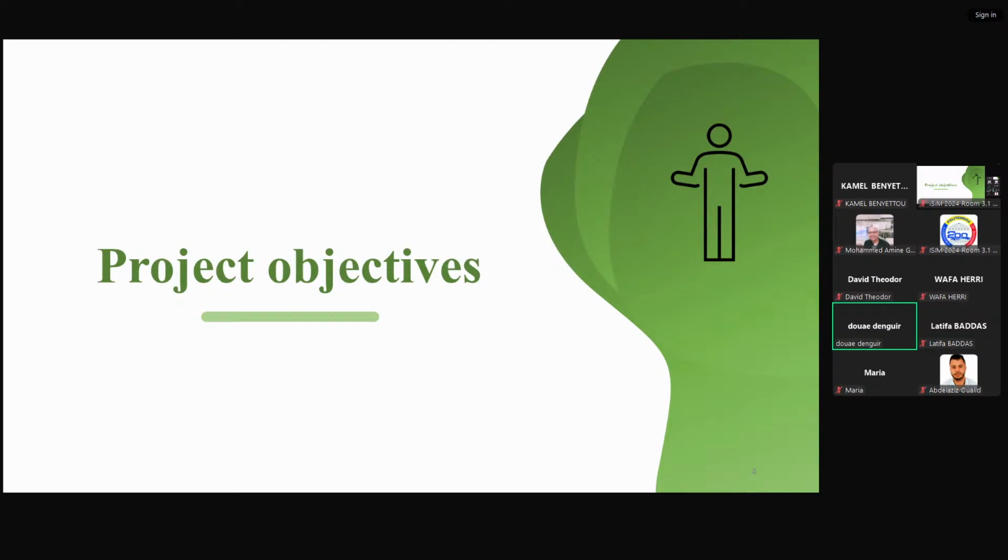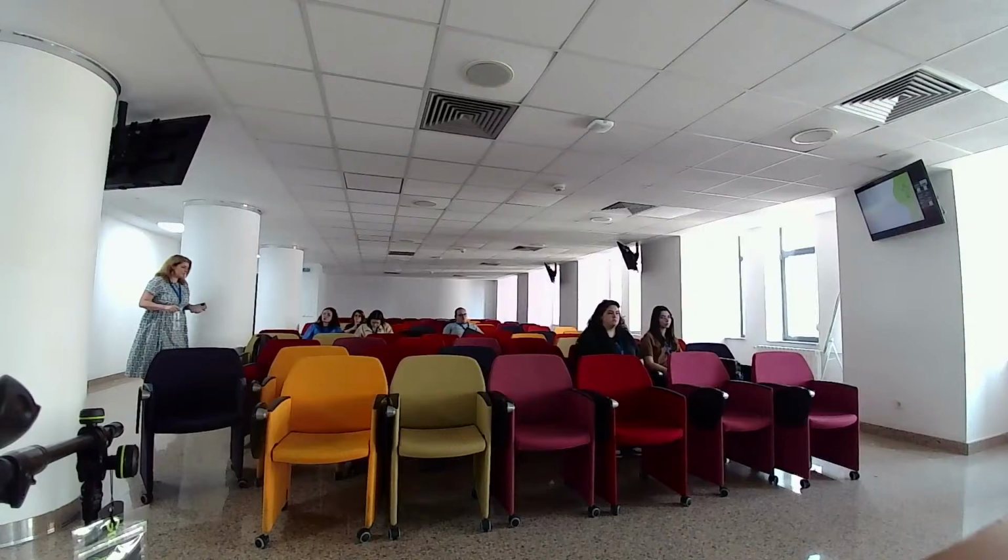Then there is another objective, which is creating an alert system, ensuring timely notification of any anomalies or critical events by email. These are the two objectives of my project.